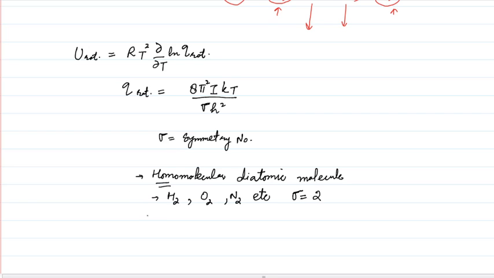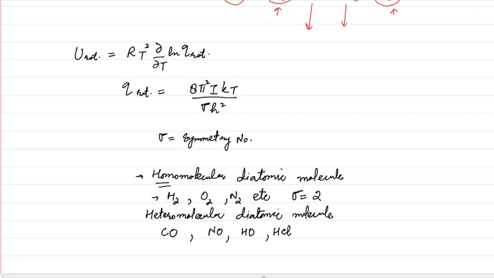And for a heteromolecular diatomic molecule, for example carbon monoxide, NO, or hydrogen and deuterium HD, or HCl, the symmetry number is equal to 1.